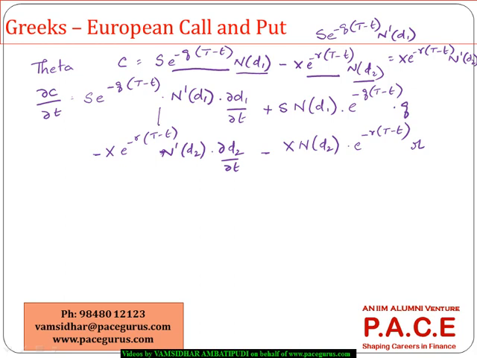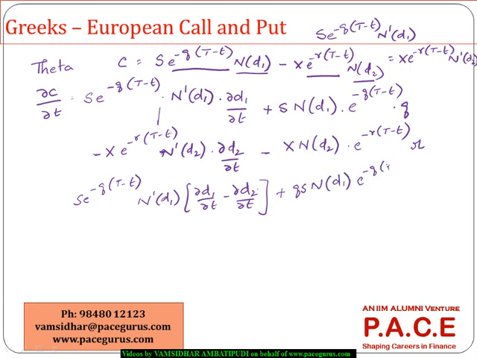So at least these two terms I can join with the relationship. I can write it as S e^(-q(T-t)) N'(d1) times (∂d1/∂t minus ∂d2/∂t), and we have these two terms, qS N(d1) e^(-q(T-t)) minus rX N(d2) e^(-r(T-t)).